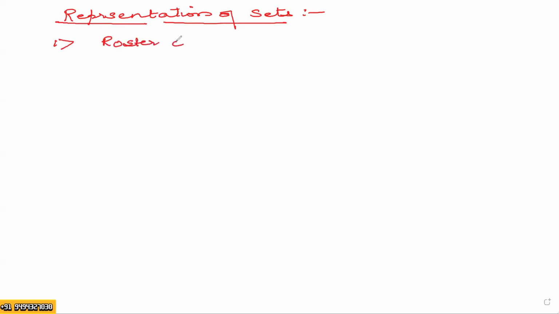First is roster form, or you can say another name, tabular form. Roster or tabular form. Clear?